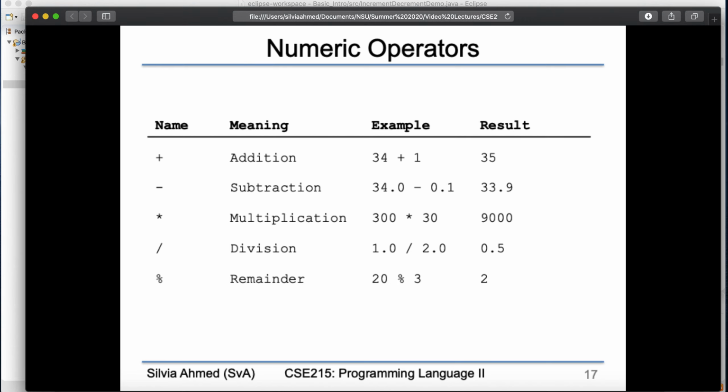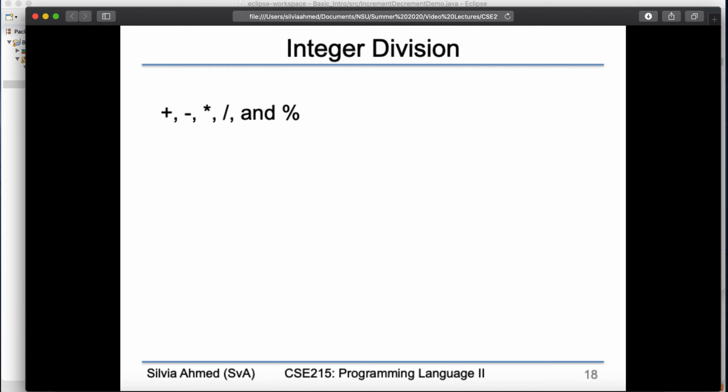So the numeric operators are the same as C, or the ones we regularly use: plus is for addition, minus is for subtraction, asterisk is for multiplication, slash is for division, and percent sign is for remainder.